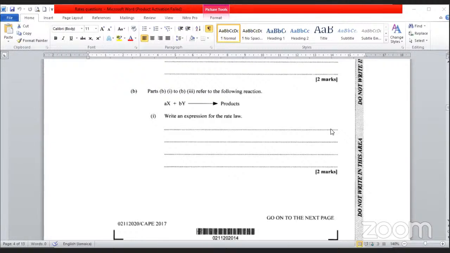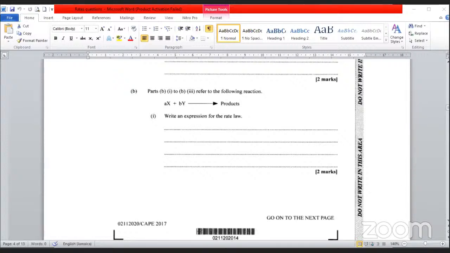The marks will not be given, Colleen, because A and B are given as coefficients as part of your equation. And your rate law cannot be deduced from your balanced equation. It must be deduced from experimental data. So if you use back these coefficients, A and B, what you're saying is that you have derived your rate law from this balanced equation.